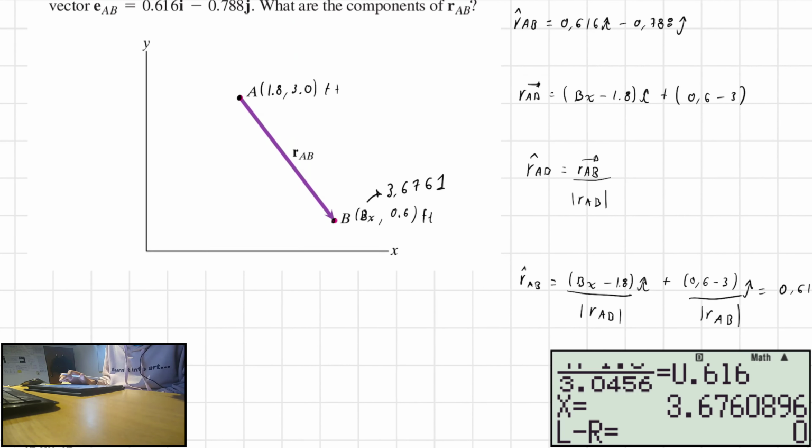All I have to do is subtract final minus initial.